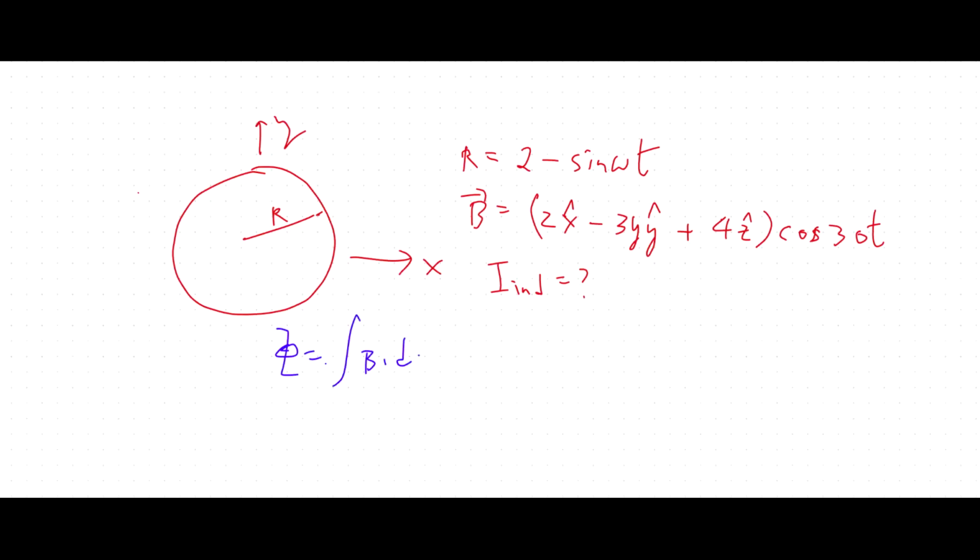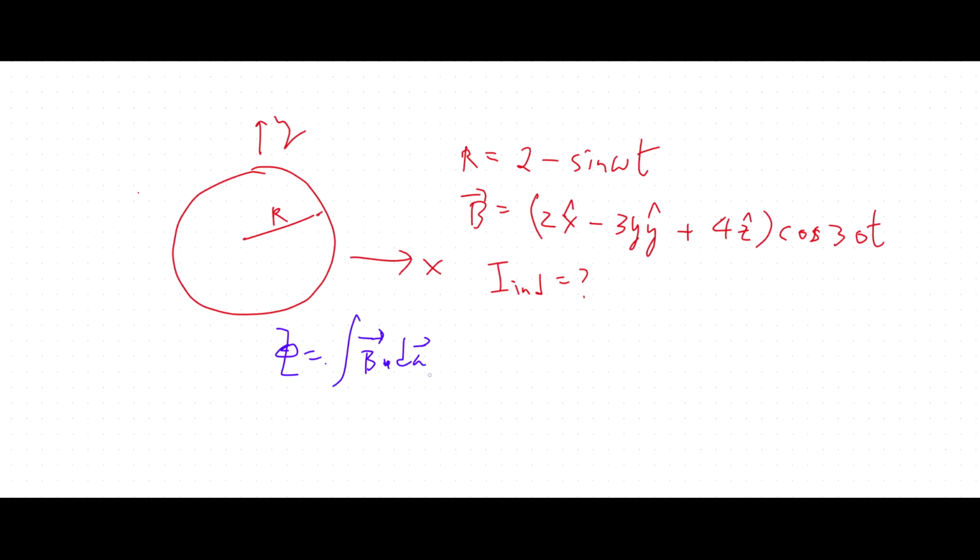What is dA? I need to do an integral. So what do I do? Dot product, first of all. What do I do with the dot product? Same thing we did last time. What's the direction of dA?